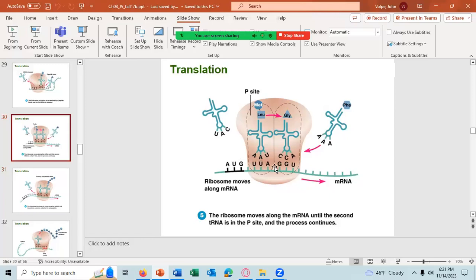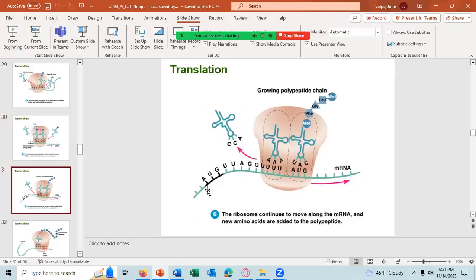And that will make the ribosome move down another codon. And then another tRNA will come in the second position of the ribosome, bring in the correct amino acid. And the ribosome will move down the messenger RNA in codons like this to bring in the new amino acid.